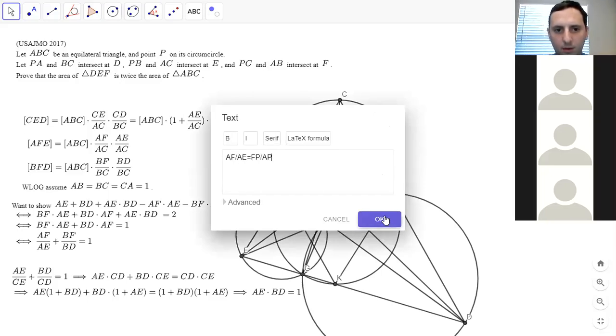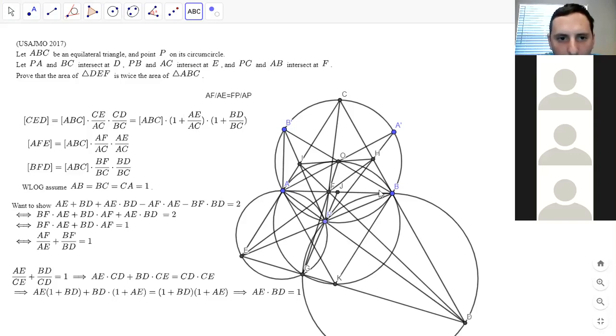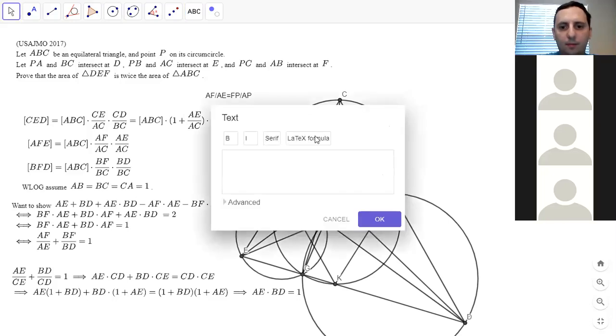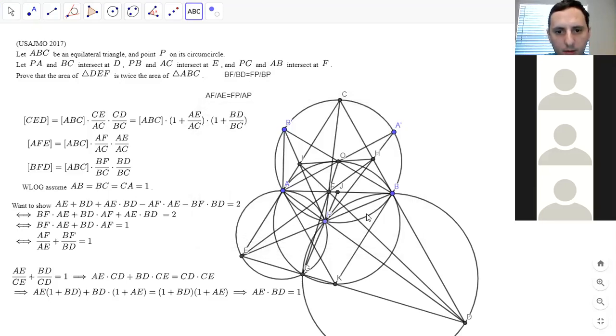And BF over BD is equal to FP over BP. Okay.